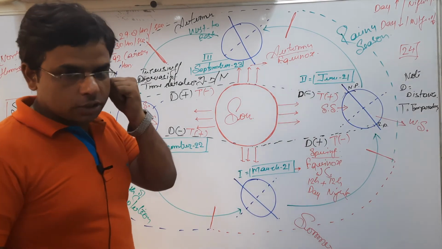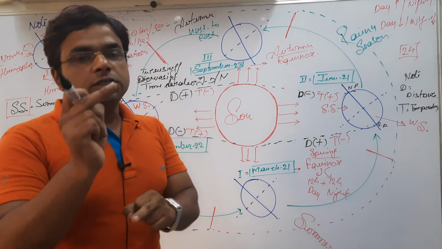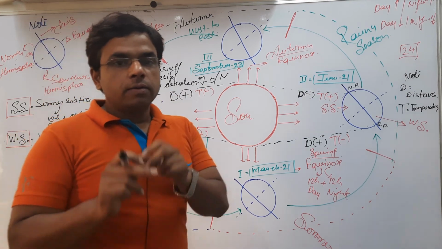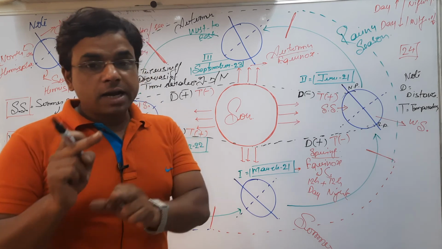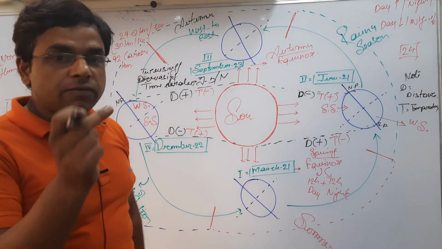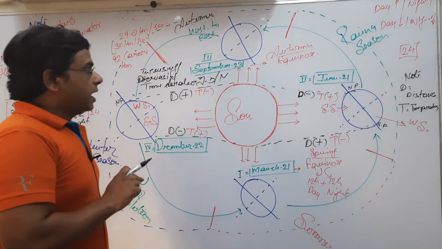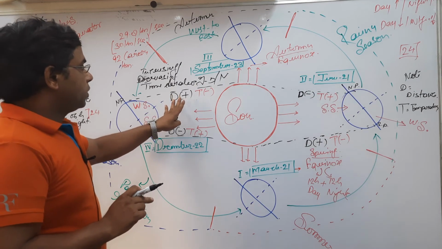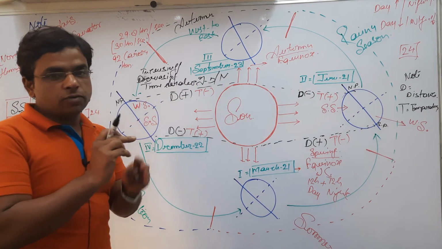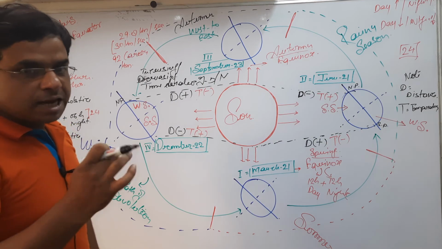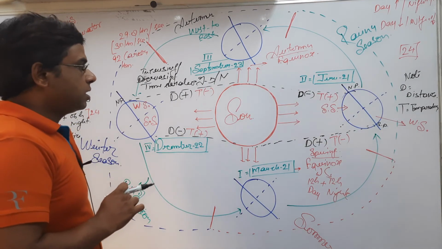Due to the rotation, we have day and night on the earth, and due to the revolution, we have the increasing or decreasing time duration of the day and the night on the earth.